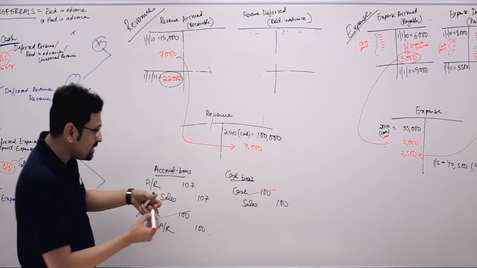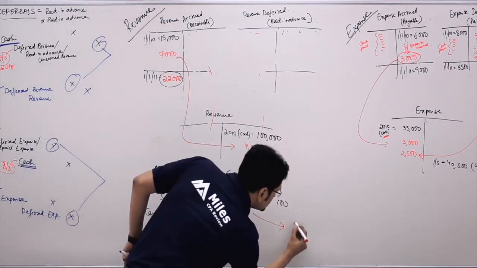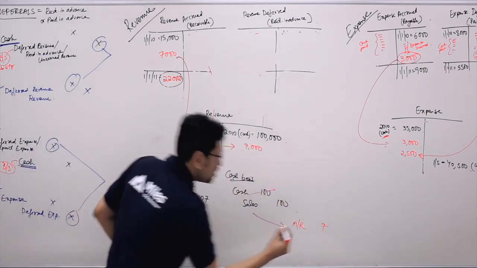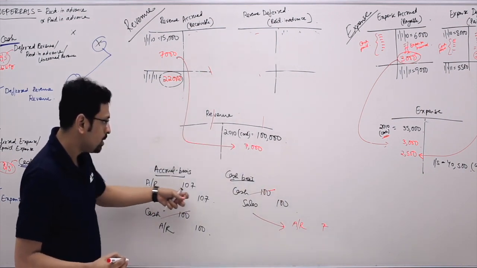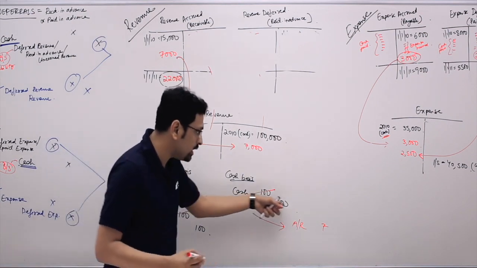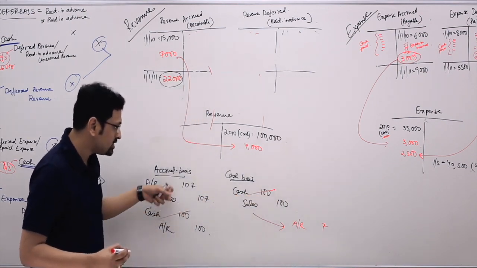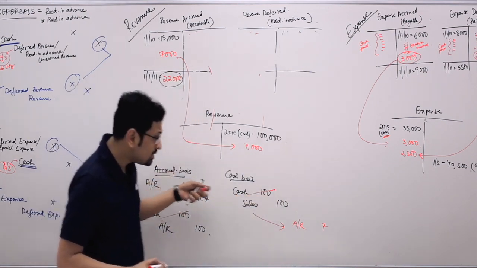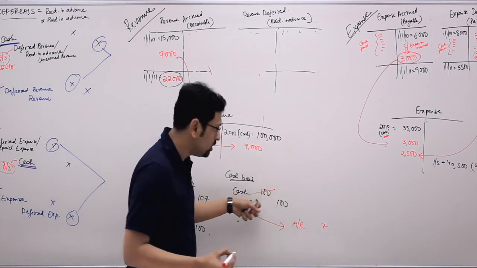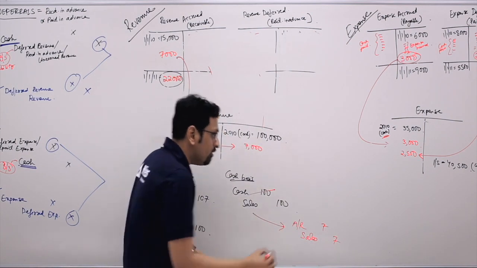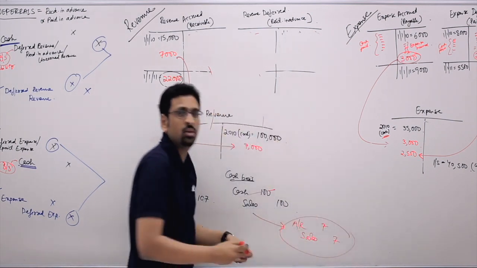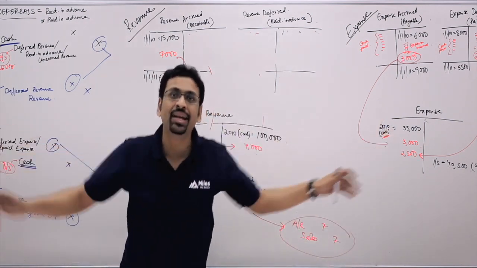So there is another debit which is to come for 7,000. Sales should have been 107, but sales has been only recorded 100. Should have been credited 107. They've done only 100. So sales credit 7.